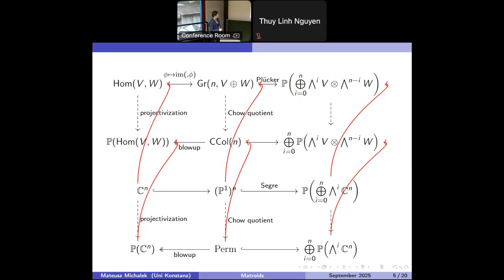Projectivization of diagonal matrices sits inside projectivization of n by n matrices. The permutahedron lives inside complete collineations. And this product lives inside this one.